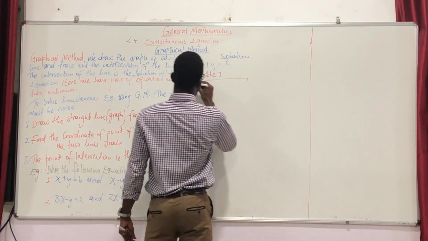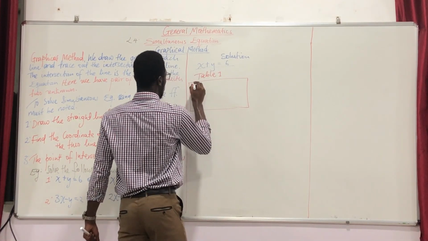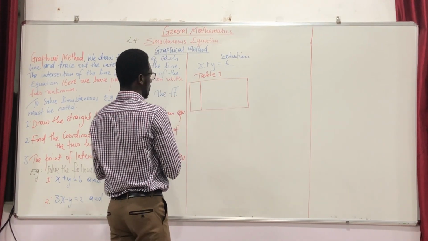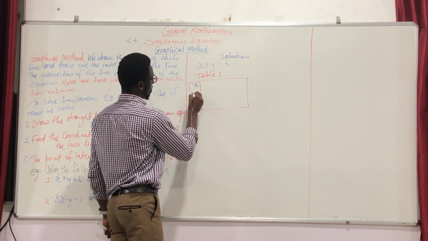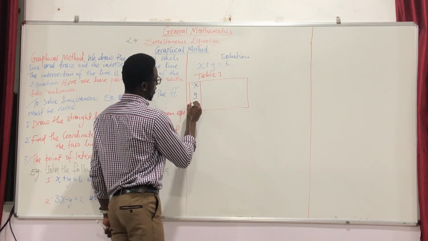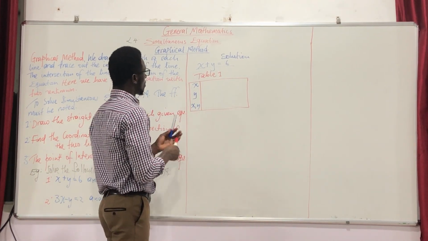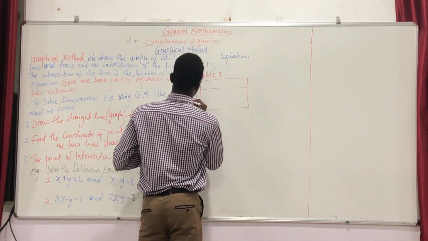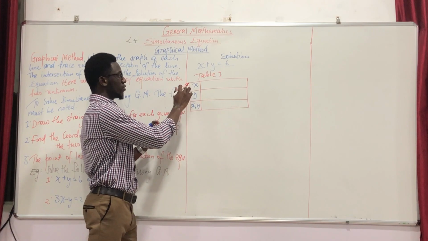Here in table 1, we need to have three points to consider. The first one we can say x, the second we can say y, then this is the coordinate (x, y). From table 1 here, we now assume different values.